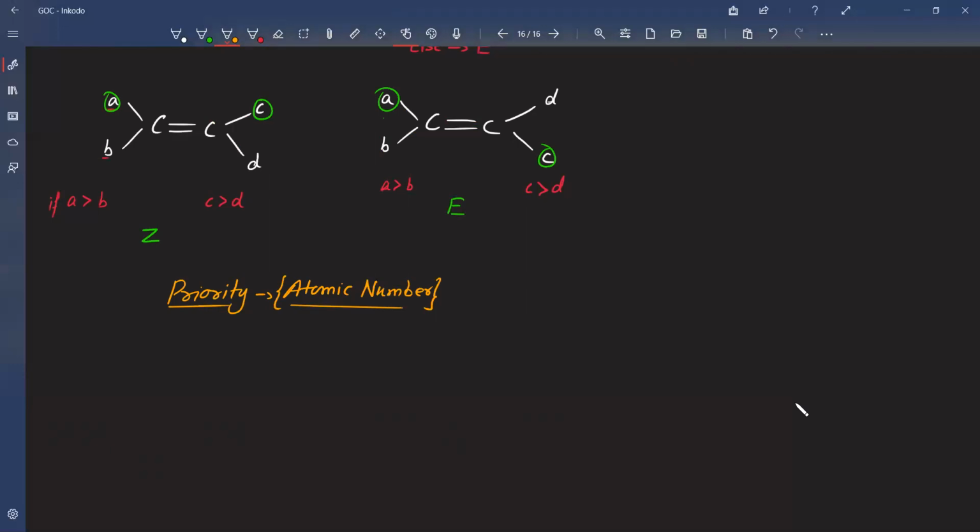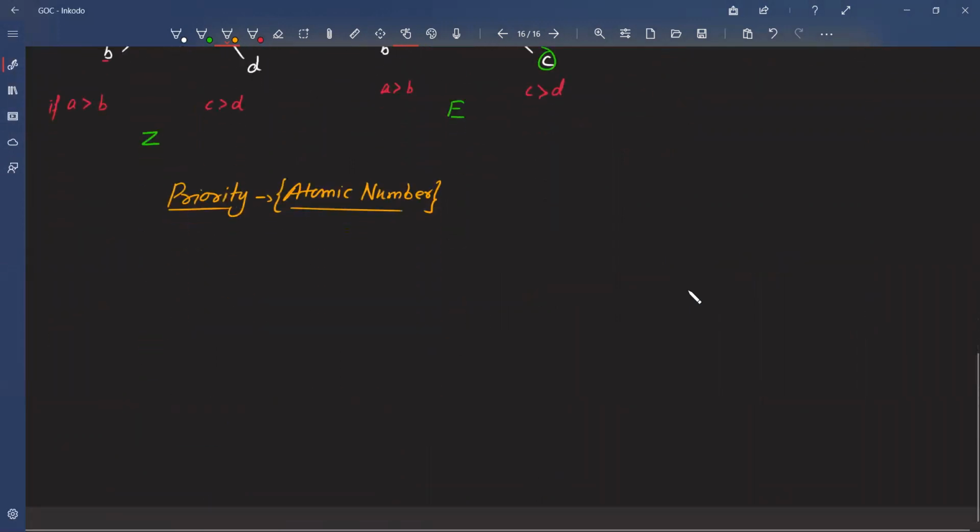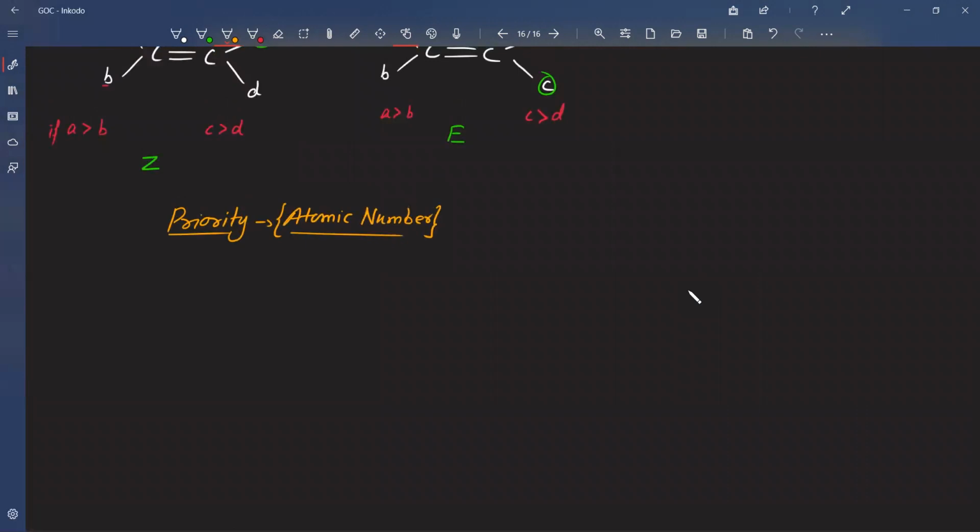So this is what the CIP rule is, Cahn, Ingold, and Prelog. This CIP rule is very important because we will be using it again in a different isomerism nomenclature. So try to be careful here when I'm explaining how to give priority to the substituent using the CIP rule. First, priority is decided by the atomic number.